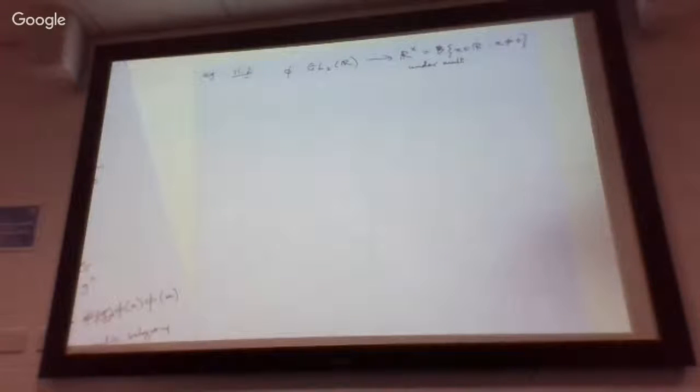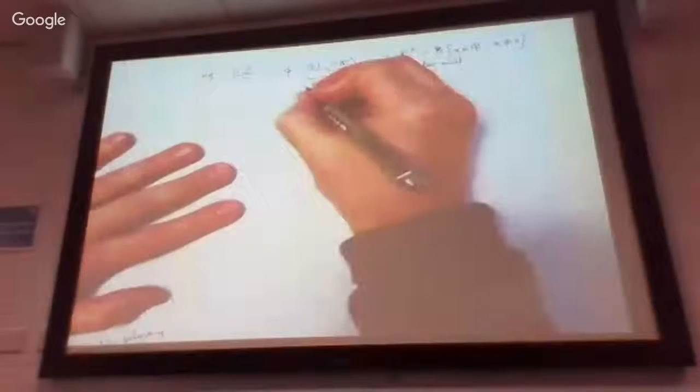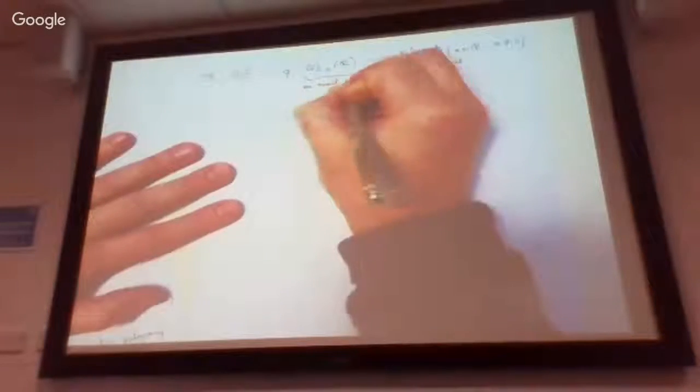Remember, to form a multiplicative group of real numbers, you have to exclude zero, because zero doesn't have an inverse. And GL2(R) is the set of all 2 by 2 matrices with real entries under the operation of matrix multiplication.